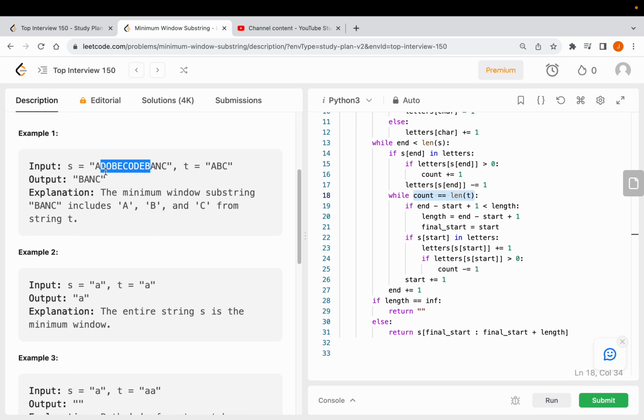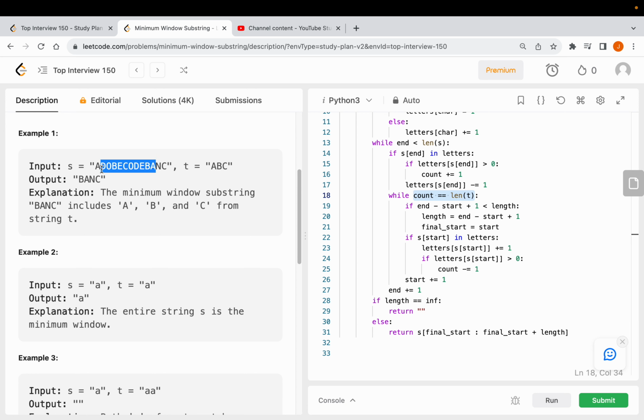Now we have B. So we have B, C, we are still missing A, we have another B here. So when we have another B, it is gonna be in the letters dictionary, but B has frequency 0 because we already found that B we needed. So this count is not gonna do any change. And the letters of B, so the frequency will decrement again, so this is gonna give it -1. Now count is still 2 because we only have B and C here.